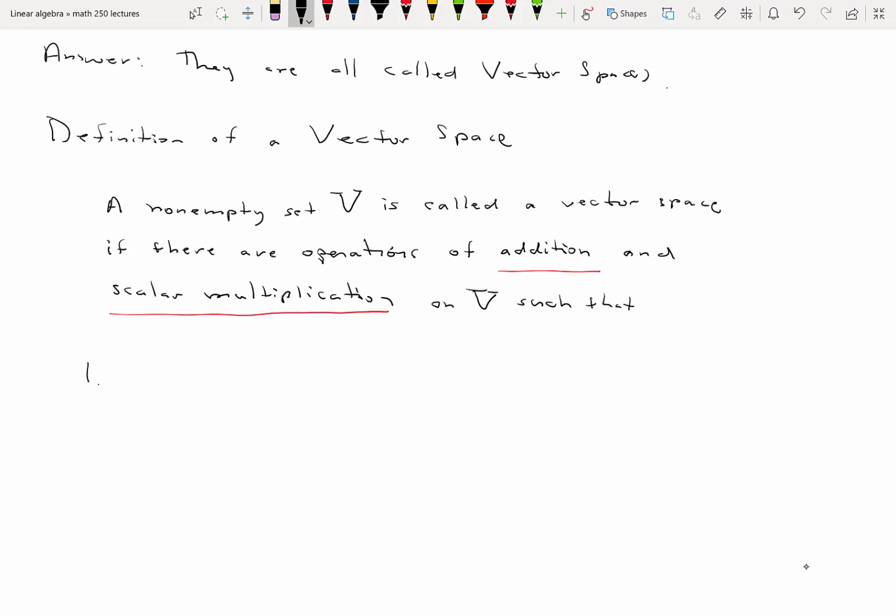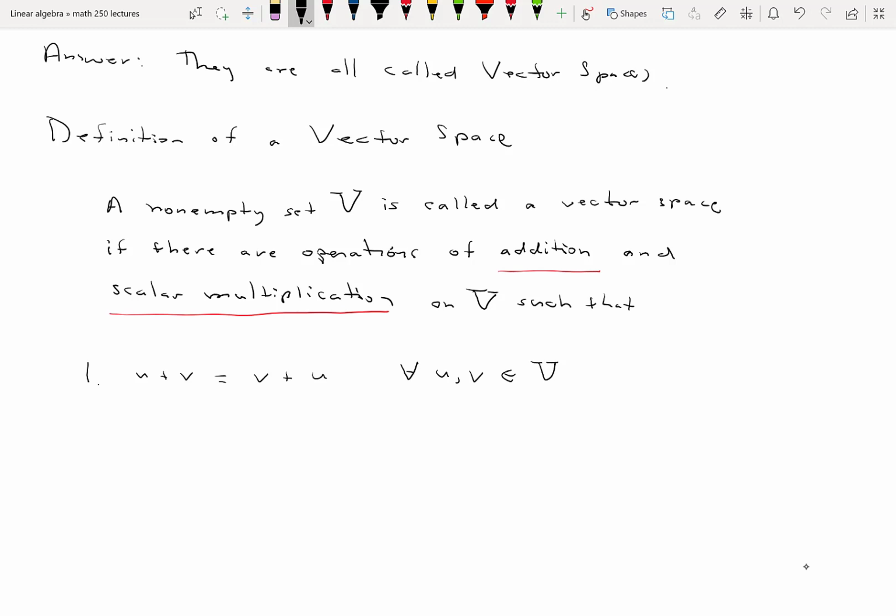to hold true. First thing, u plus v equals v plus u for every u and v in the vector space. Now, if you're thinking this is obvious, then you're in trouble. The reason why you'd be in trouble, and you won't be for long, is that what you're thinking is that, well, real numbers behave that way, so this is obvious.